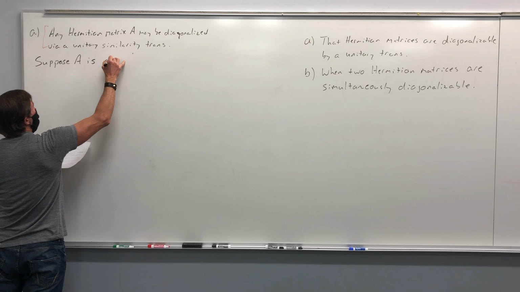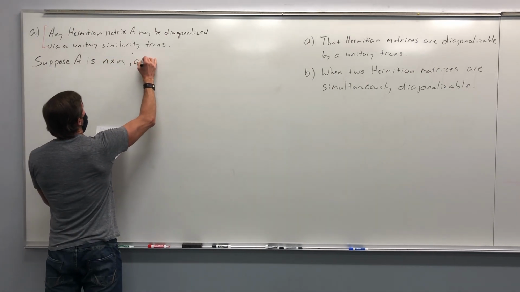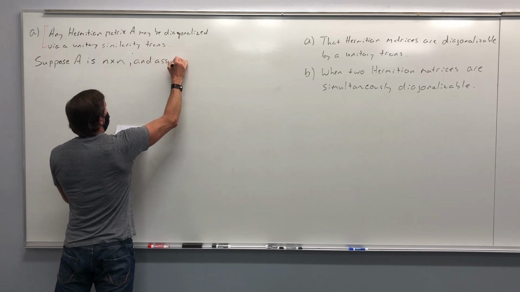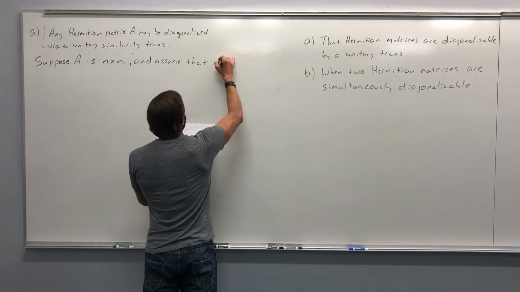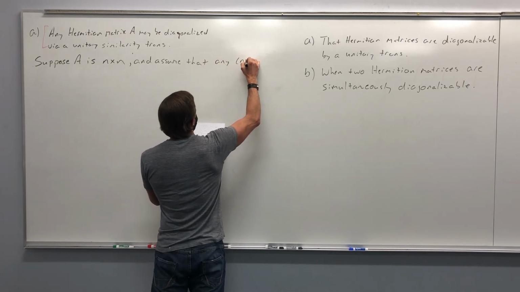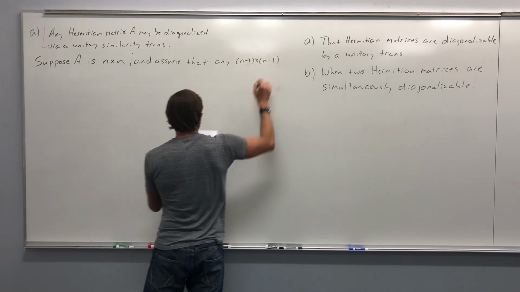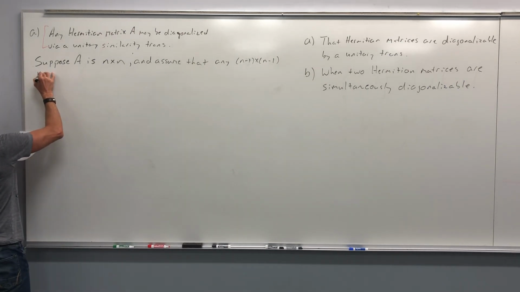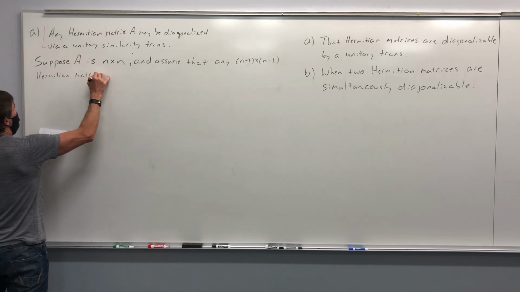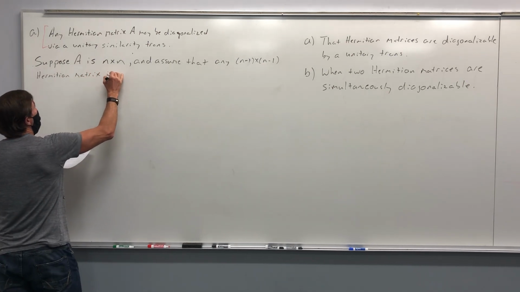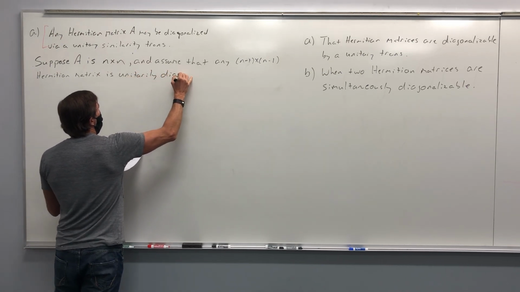Suppose A is n by n, and assume that any n minus 1 Hermitian matrix is unitarily diagonalizable.